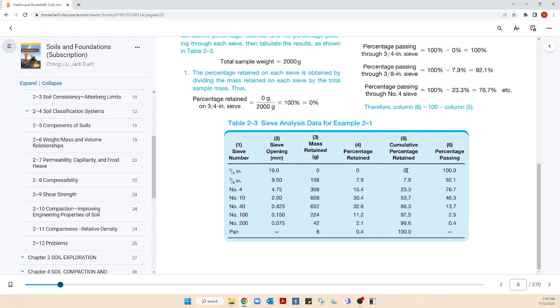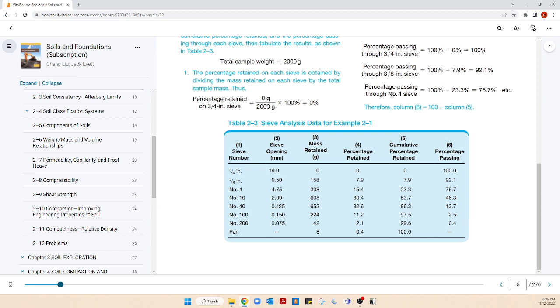The cumulative percentage is 0. 100 minus 0 is 100. On this sieve, the cumulative percentage is 7.9% on this 3/8 sieve. So 100% minus 7.9%, that's the percent passing, 92.1.